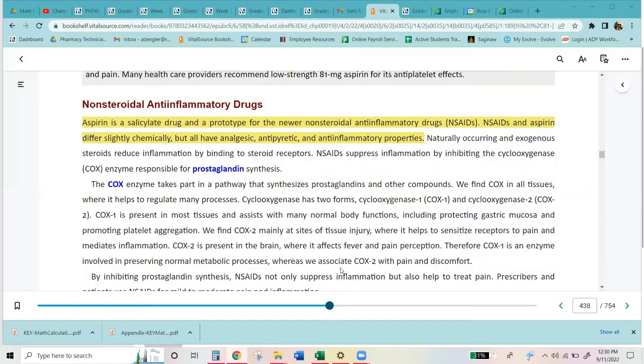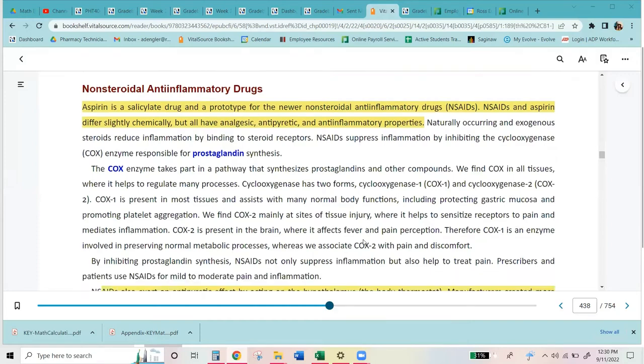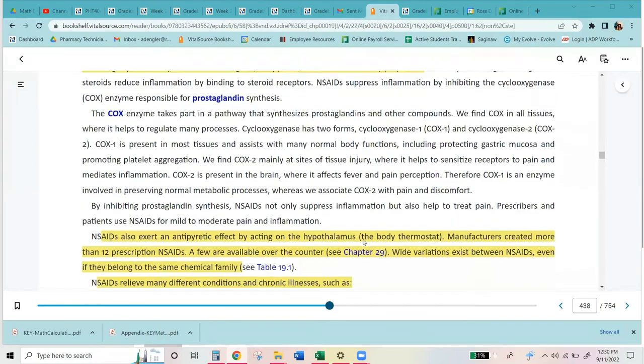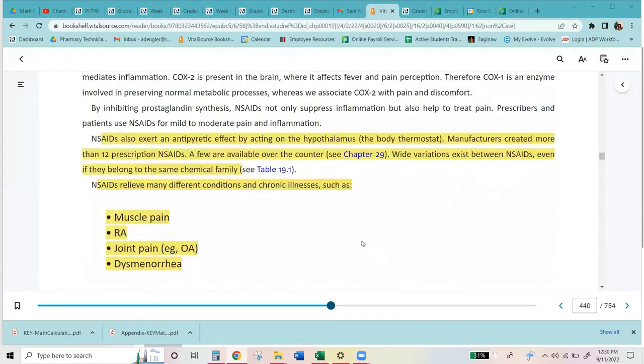Aspirin is a salicylate drug and a prototype for the newer non-steroid anti-inflammatory drugs. NSAIDs and aspirin differ slightly chemically, but they all have analgesic, antipyretic, and anti-inflammatory properties. NSAIDs also exert an antipyretic effect by acting on the hypothalamus, the body thermostat.